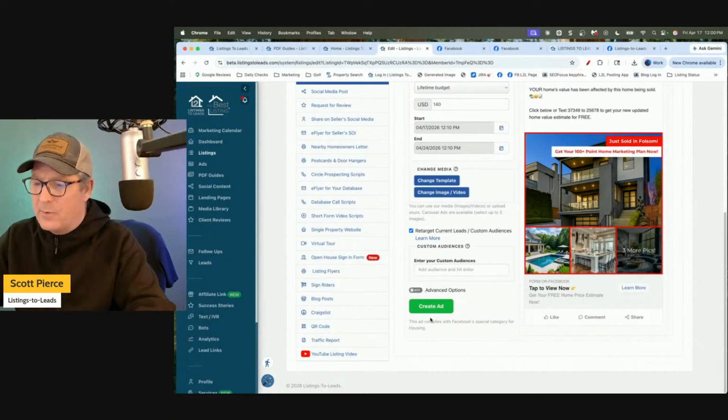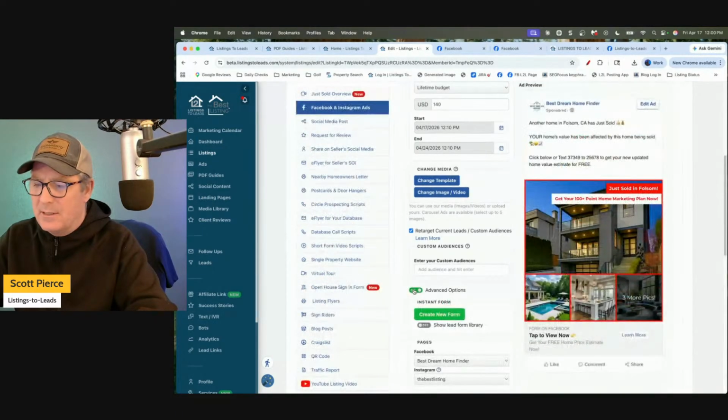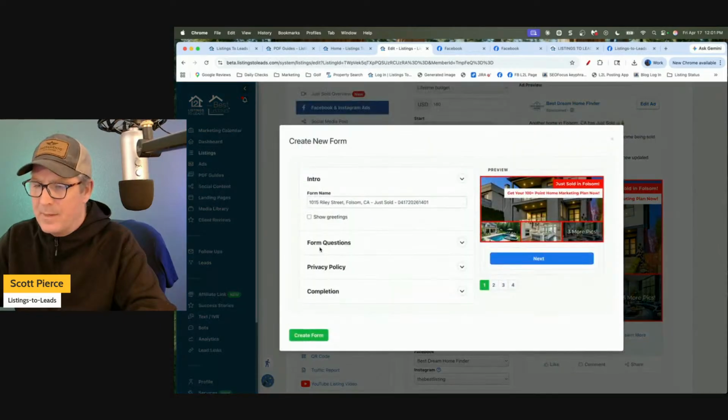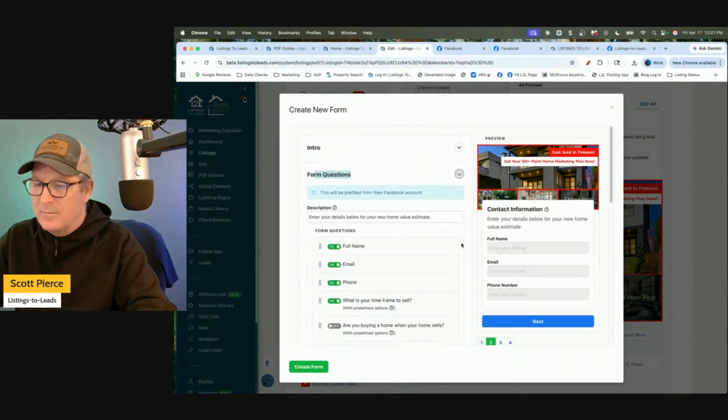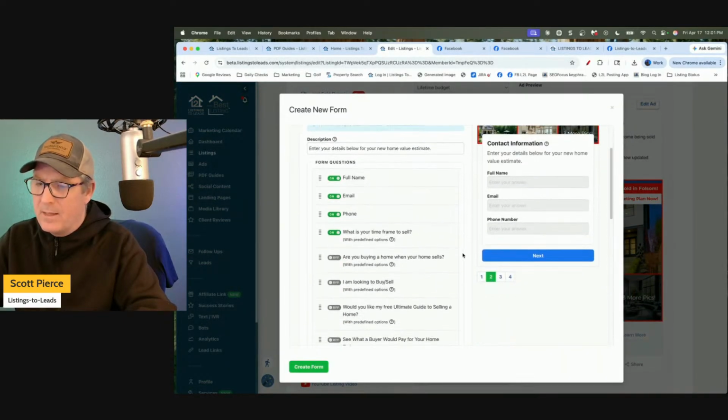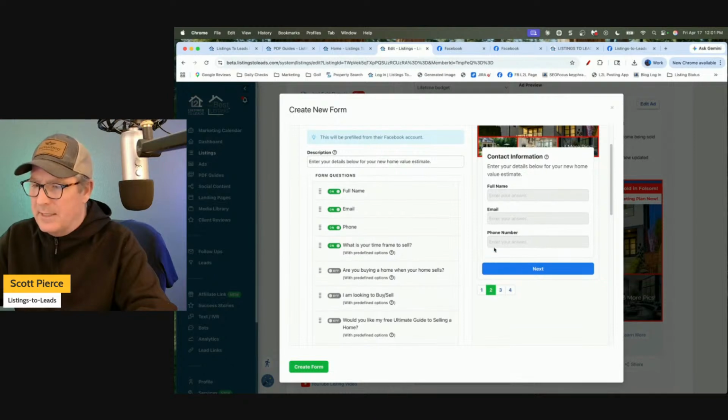So right here, right above the create ad button, advanced options. Click it, and it says create new form. I'm going to click the green create new form button. And right there, form questions. Open it up. Right, you'll see here, name, email, and phone number on the right, name, email, phone number on the left.